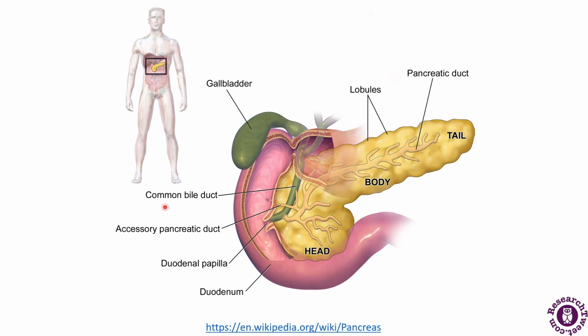There is a common bile duct. What will it secrete? It will secrete insulin, but there is a common duct also. The gallbladder is attached to the pancreas, and there is the duodenum, which is the entry point of the small intestine. So this is the diagrammatic representation.